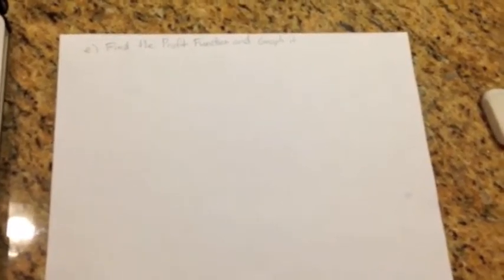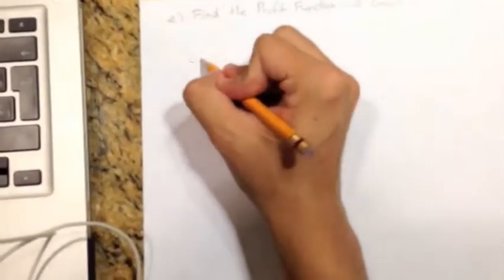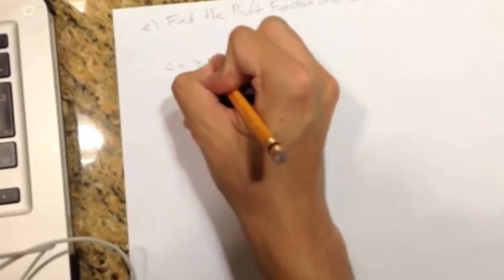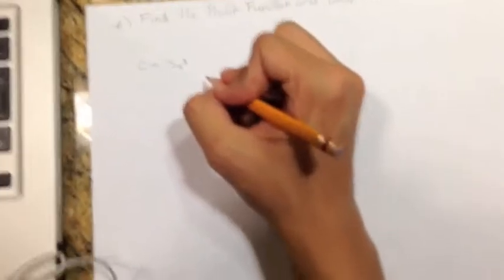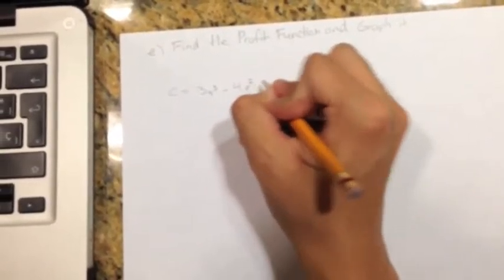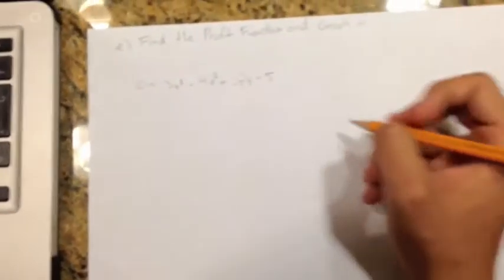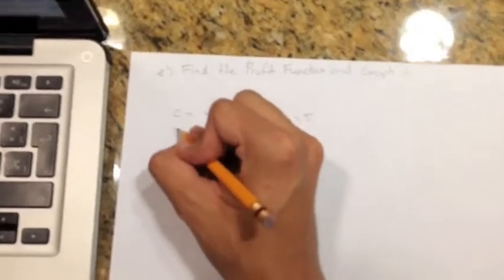We just use the formula from earlier of total cost, which is C equals 3q cubed minus 4q squared plus 2q plus 5, and we're going to subtract it from the total revenue, which is 8q.